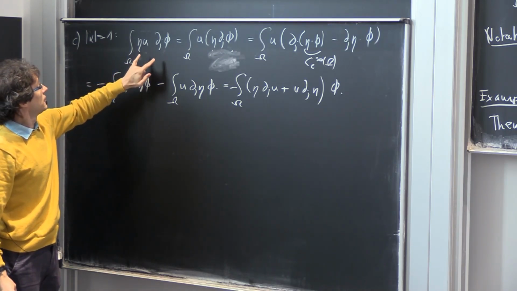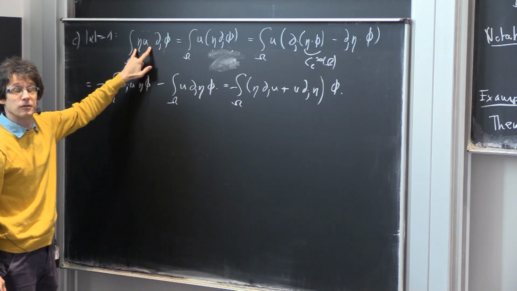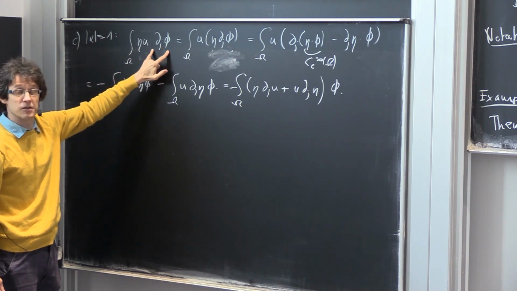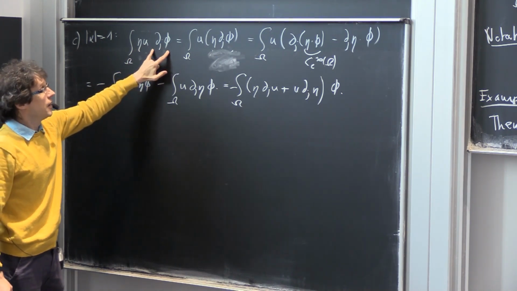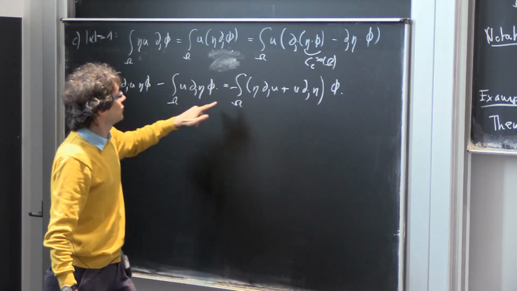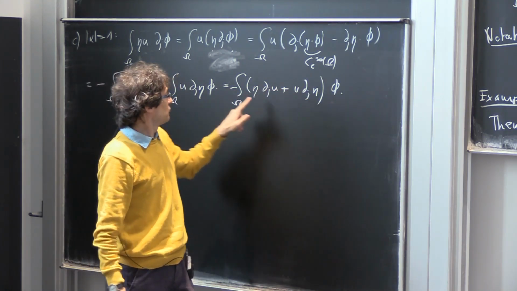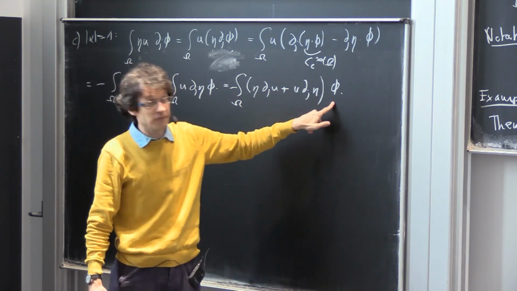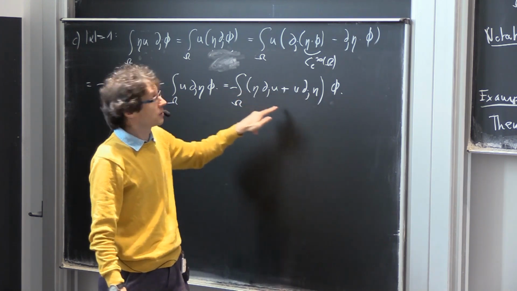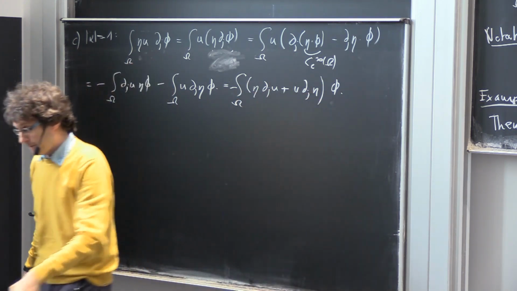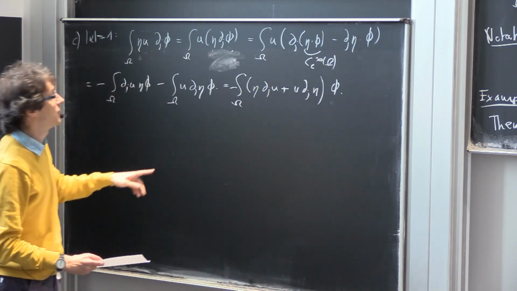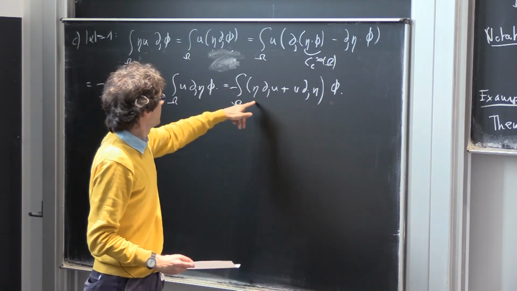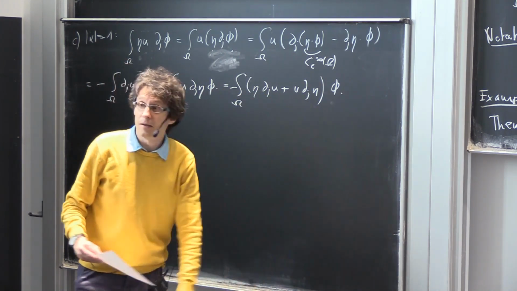You have your function eta u that you want to find the weak derivative of, times the corresponding derivative of phi. And now we have rewritten this with a minus sign and the phi on its own. So this is the weak derivative, and this is exactly what was claimed. The weak derivative of eta u is eta d_j u plus u d_j eta.